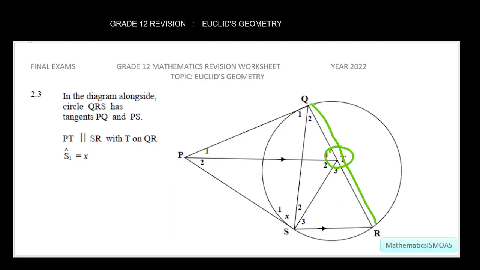Therefore, this tells us that QTR is a straight line. Angle S1 is equal to x. We are given the size of angle S1 here, which is equal to what? x.